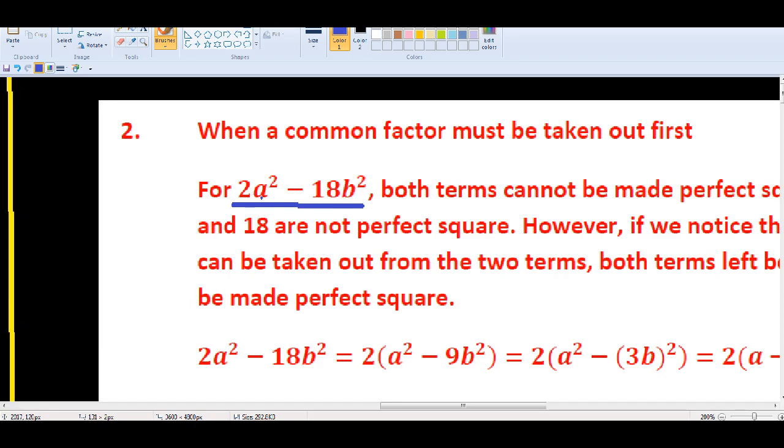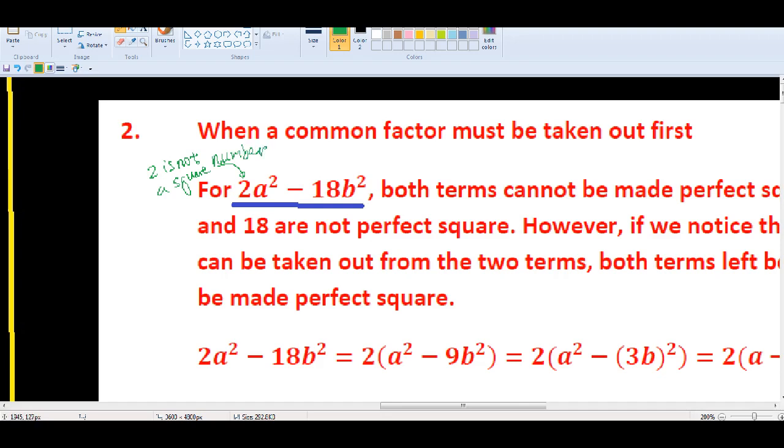So when you see that, a squared is fine, it's a square, b squared is a square, but how about the numbers? When you see the number in front, for example 2, is that 2 a square number? No, 2 is not a square number.